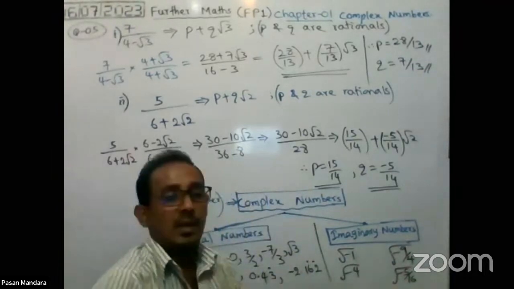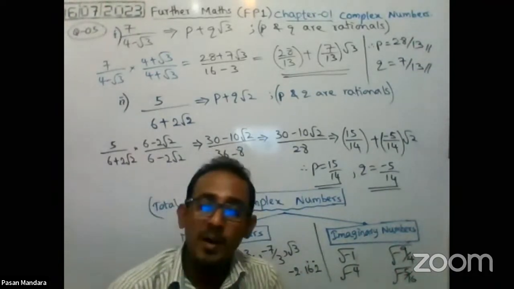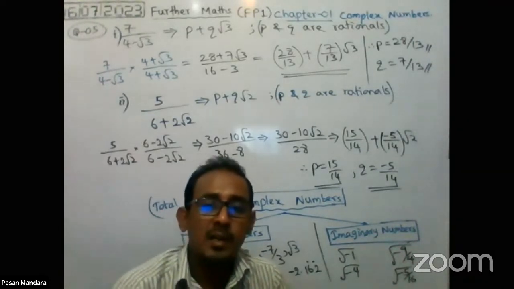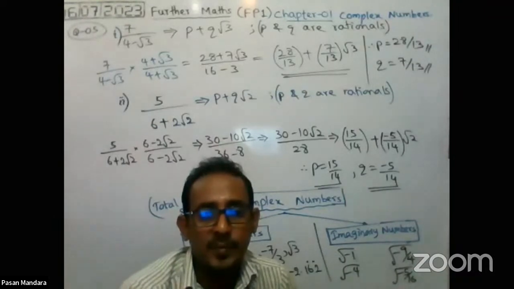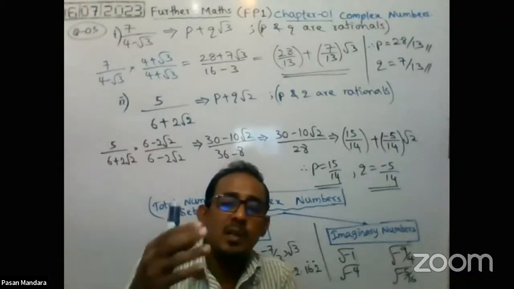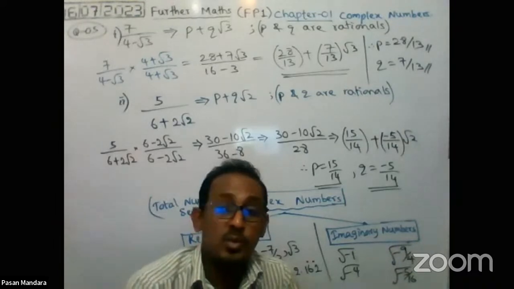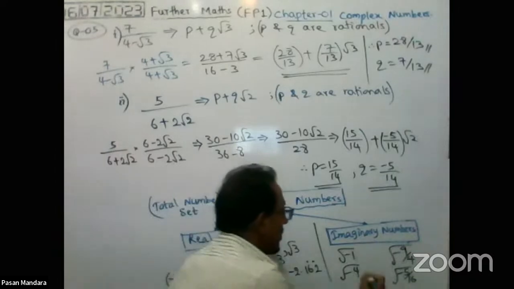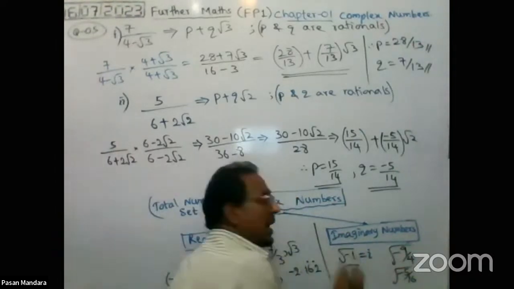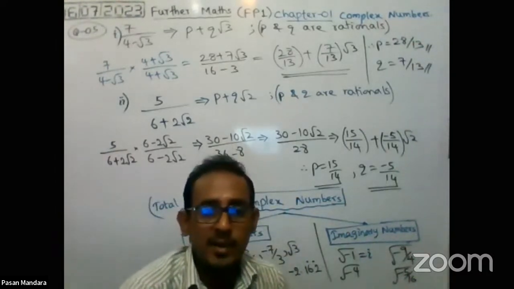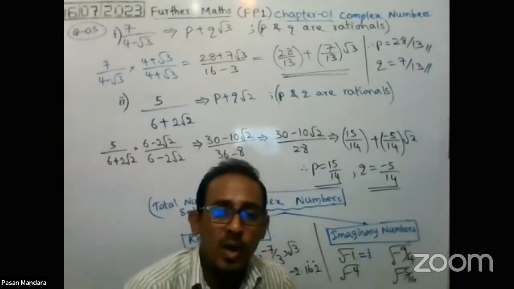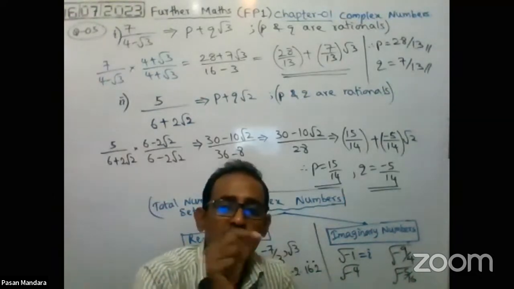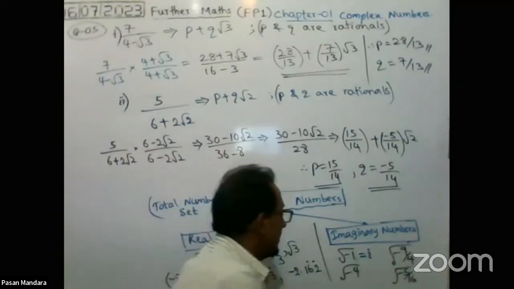These are all imaginary. But imaginary numbers have a common feature. In all imaginary numbers, you can leave minus 1 inside. Why? Imaginary numbers means the square root of a negative value. So minus 1 you can leave, others you can take out. So if you put i to indicate imaginary, standard notation, this square root of minus 4, once you take 4 out of the square root it is 2, leaving again the square root of minus 1, so 2i.